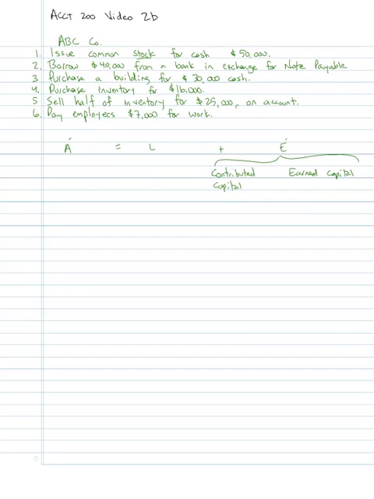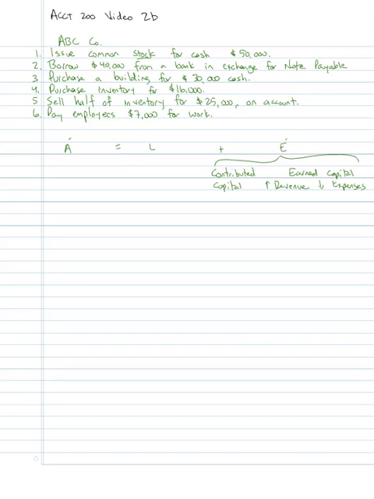Earned capital is increased when the business earns revenue by selling things to customers, and earned capital is decreased when the company incurs expenses, consumes some of its resources, cash or other assets, to get some services or goods.